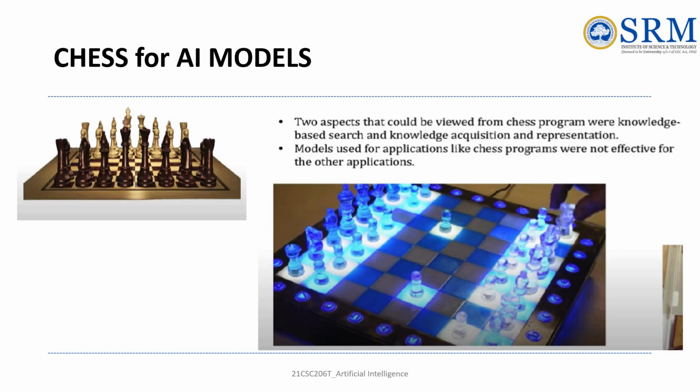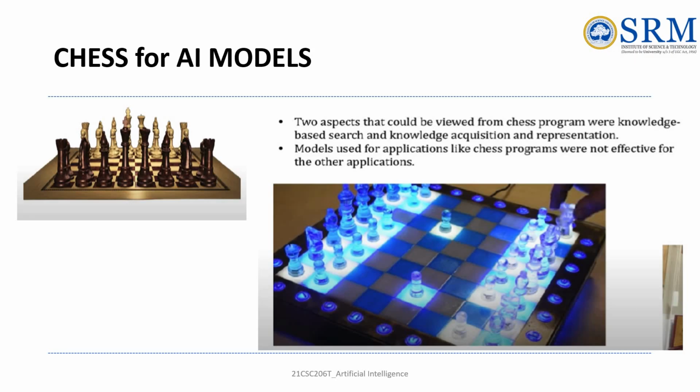Now let's consider chess as a classic environment for modeling AI. Why chess? Because the environment is fully observable and deterministic. There are clear goals, that is checkmate the king. The number of possible moves is vast but computable. This makes chess ideal for testing planning, decision making, and search algorithms.